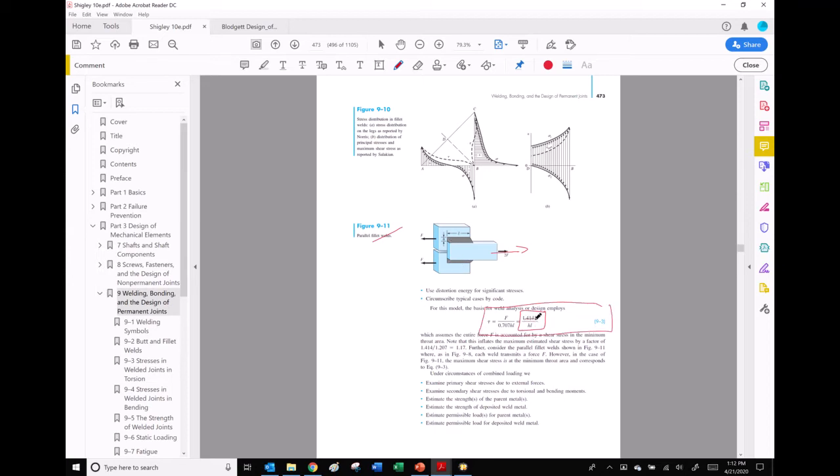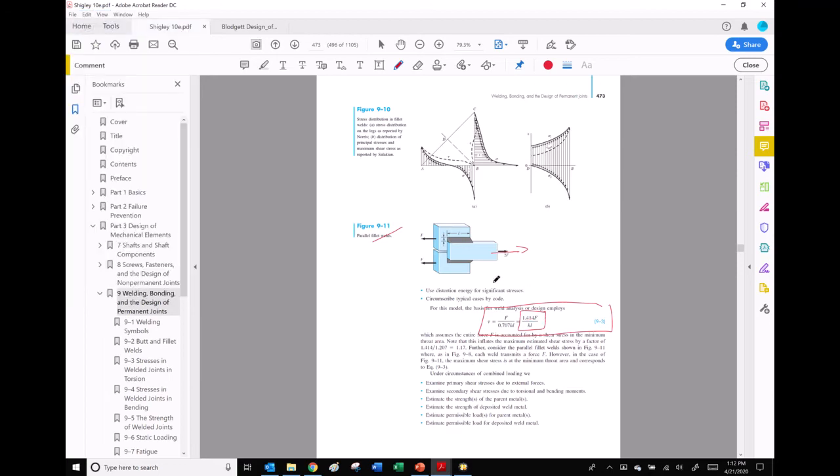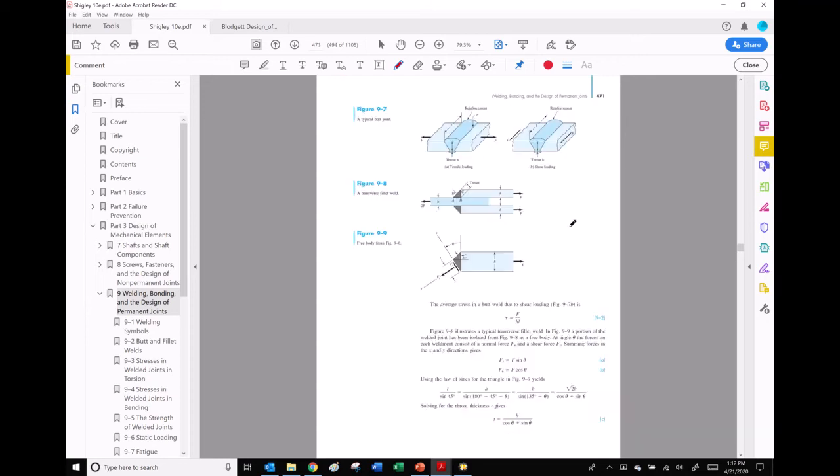And you'll notice the 1.414. What it means is that we're actually within the throat section. Let's see, they're showing it right in here. This is where the discussion is, that we're taking a line through that section, right? So we're assuming this is a 45-degree angle right here, and we're actually going through and using this throat area.